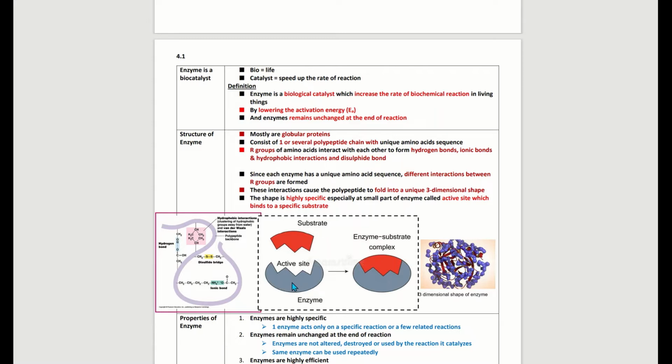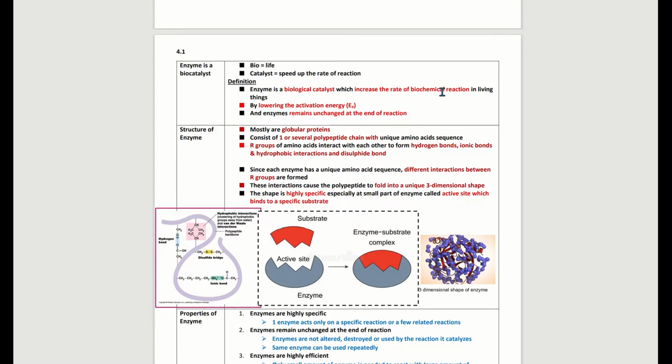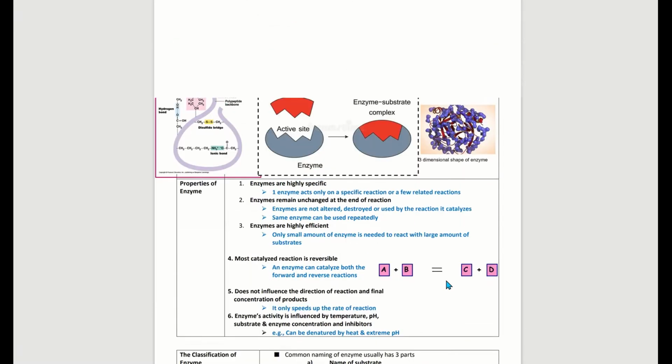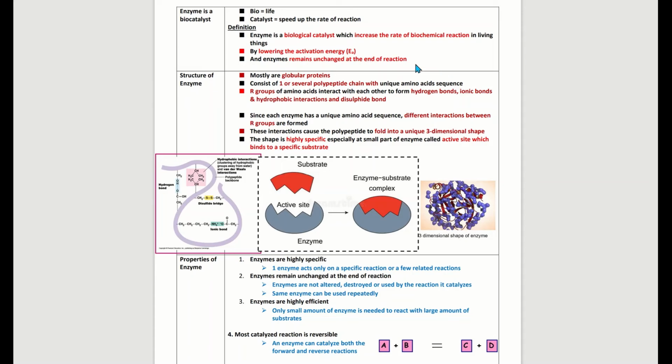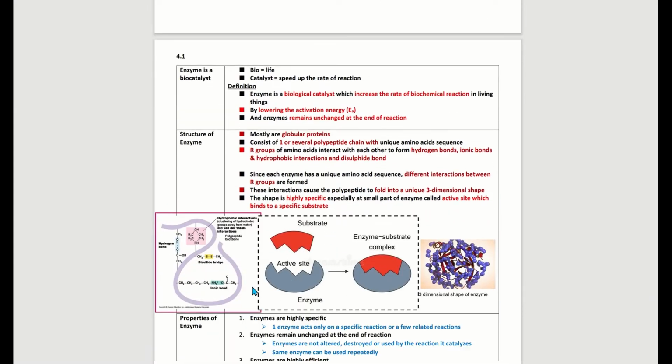So enzim dia mempercepatkan reaction. Okay, so kalau ada dekat sini, daripada A, B dapat jadi C, D, dia cepatkan reaction itu. Okay, and they remain unchanged at the end of a reaction. So bila dah dapat produk, enzim ni akan masih lagi bentuk dia macam ni. Okay, dah habis reaction tu, enzim ni masih remain the same.